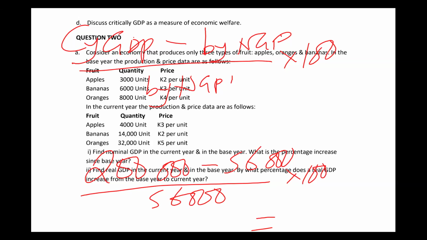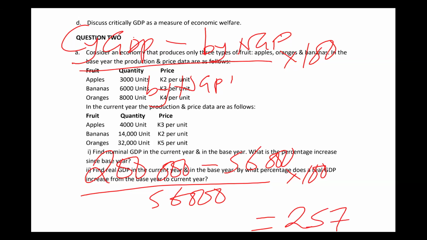Divided by 56,000, 144,000 divided by 56,000 is 2.57, times 100, 257.